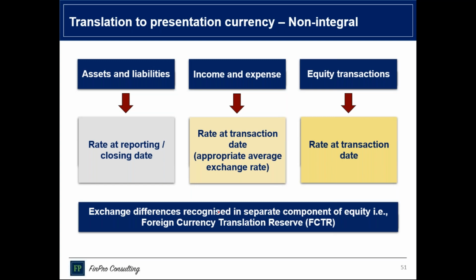That difference is recognized in a separate component of equity, which is called the foreign currency translation reserve. This amount does not get recognized in the P&L. It gets recognized as a separate component of your reserves and surplus, called the foreign currency translation reserve. So each year the company needs to compute this foreign currency translation reserve. The movement does not happen through P&L, it is adjusted in reserves itself.